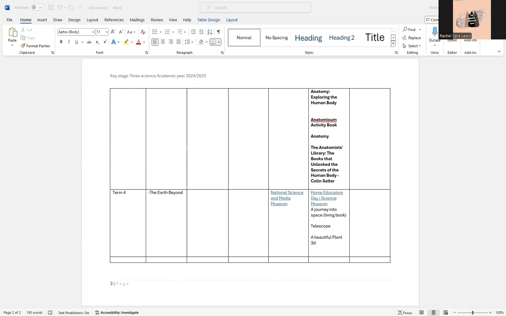The planetarium website is on here also, so you just have to look it up and find what's local to you. But I know London has a few. And when we're doing adaptation and things, we will also do the home education day at the Deep, which is a submarine.